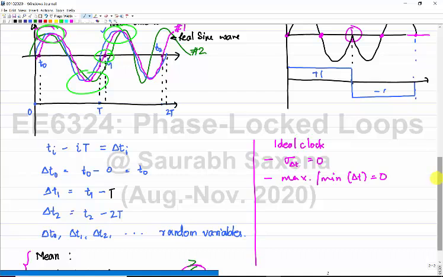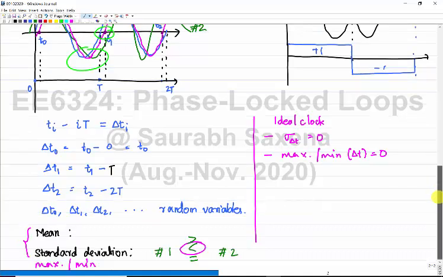Now, in this particular zero crossing, see this delta t and so on, it's like delta ti. If delta ti is not equal to 0, then you can say the time period of the clock is different, or the frequency of the clock is different.